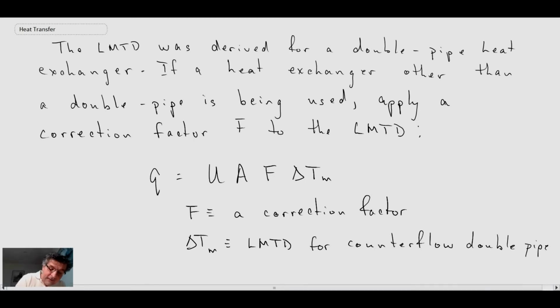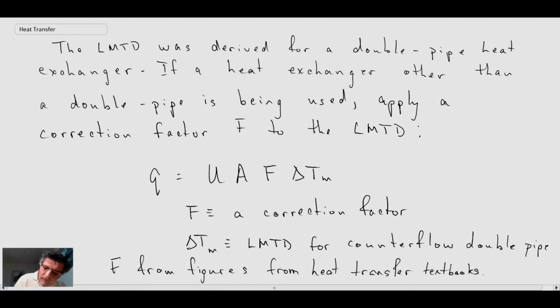Now where do you get F from? F is from figures. I'm not going to give you any of them. You would find those in any textbook. But you would have them for cross-flow heat exchangers, so radiators, things like that.